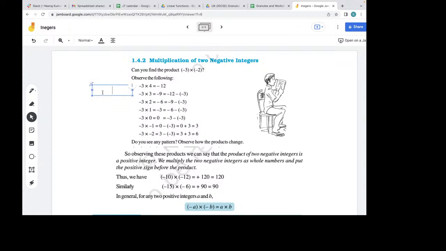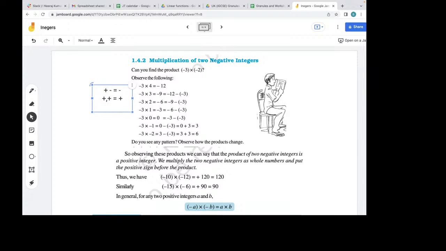So we can remember it this way. If you multiply plus and minus together, you will always get minus. If you multiply plus and plus together, you will get plus.